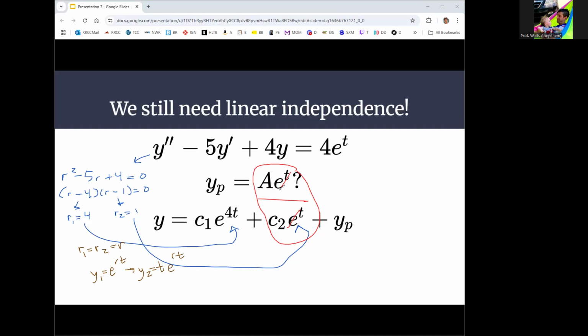So we do the same thing here, where we multiply by t to get the particular solution to be A t e to the t. And in general, you can basically just think that the polynomial coefficient is going to go up one degree when this happens.